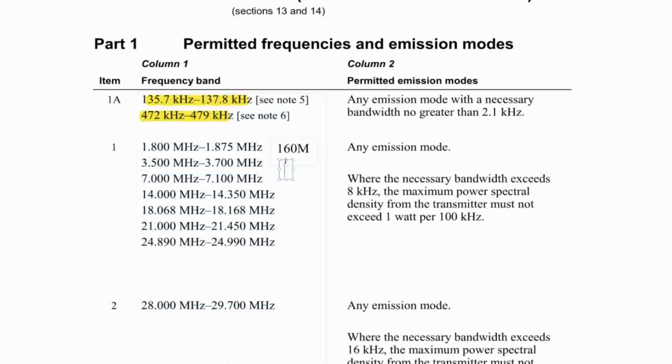This band below it is the 80 meter band, and the 7 to 7.1 is the 40 meter band.